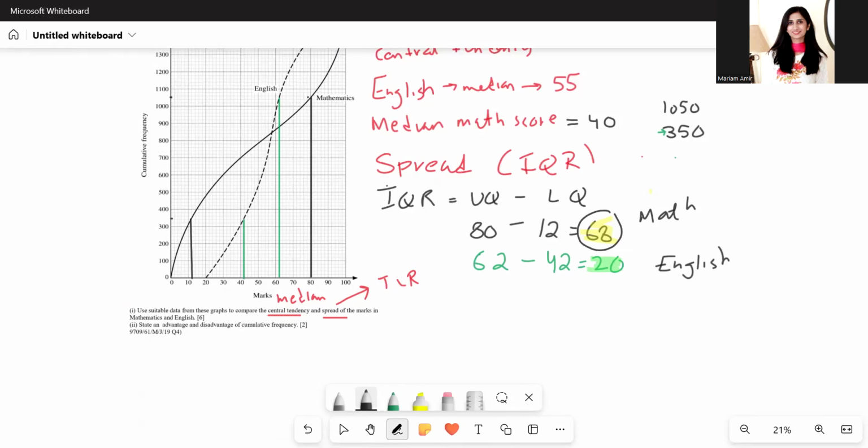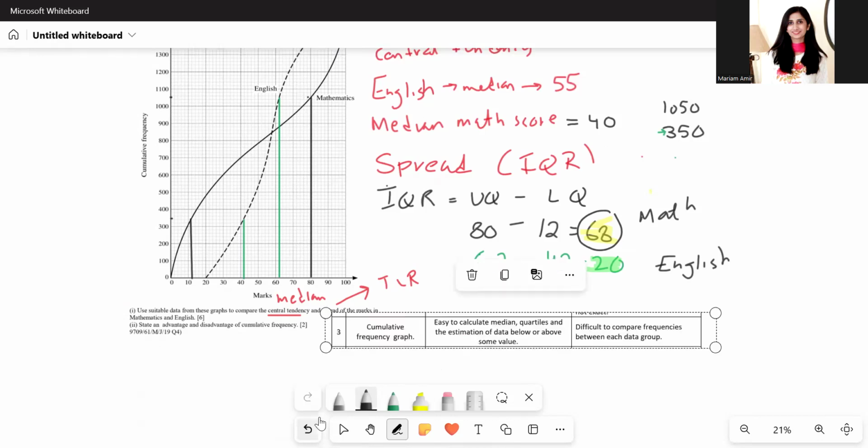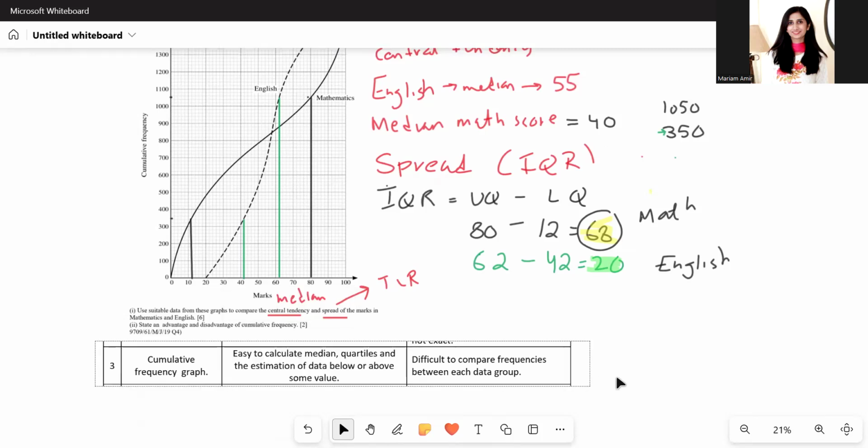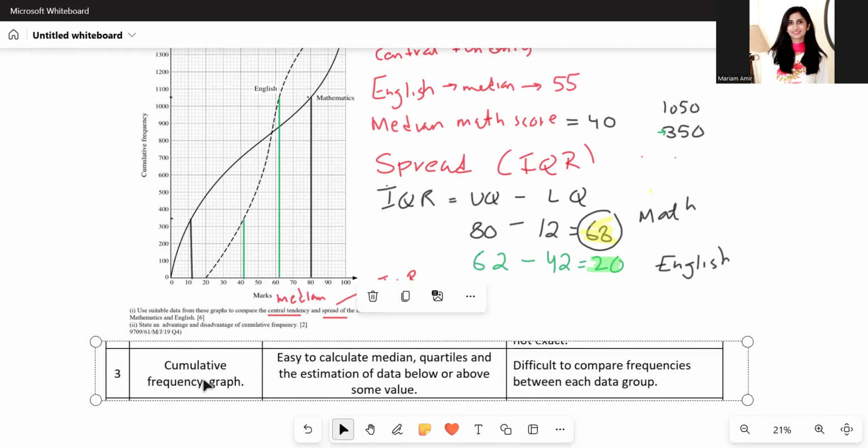Now, if you go to the drive link, there's a file, worksheet 1E in the statistics folder, which has a comparison of all of the statistical diagrams in our syllabus. You'll find this comment there. We're going to go over that. An advantage and disadvantage of a cumulative frequency graph. The advantage is that we can quickly find medians and interquartile range through the cumulative frequency graph.